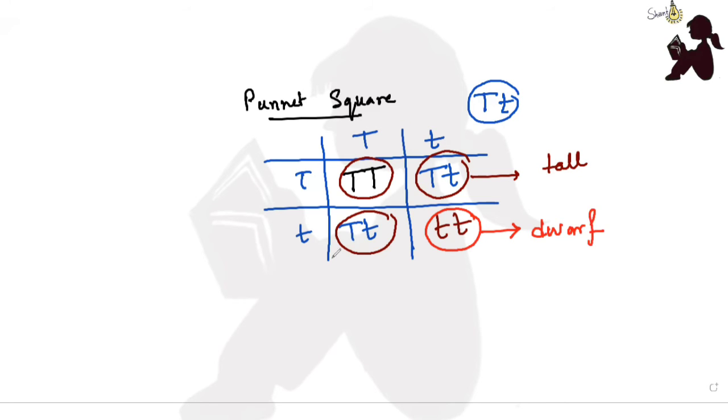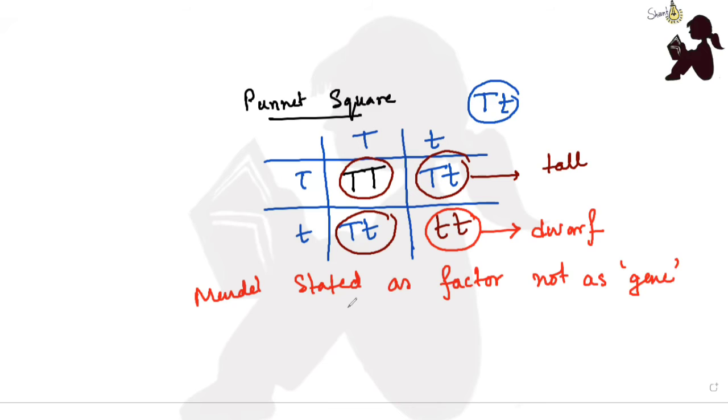Okay, so Mendel stated these characters as factor, not as gene. Okay, he stated these characters as factor. Now, we know that the factors are also known as alleles.